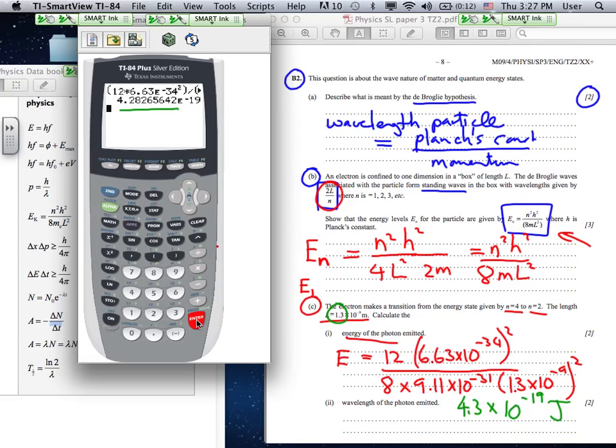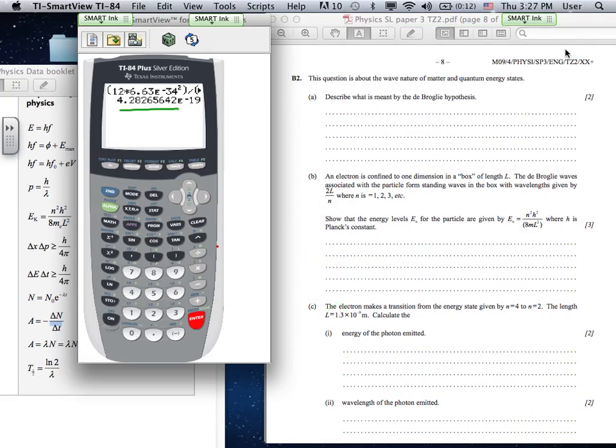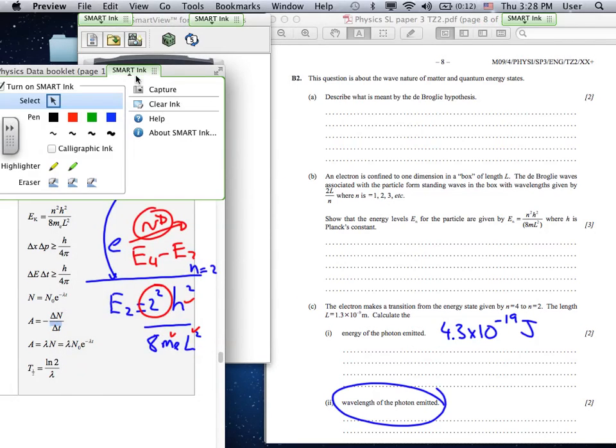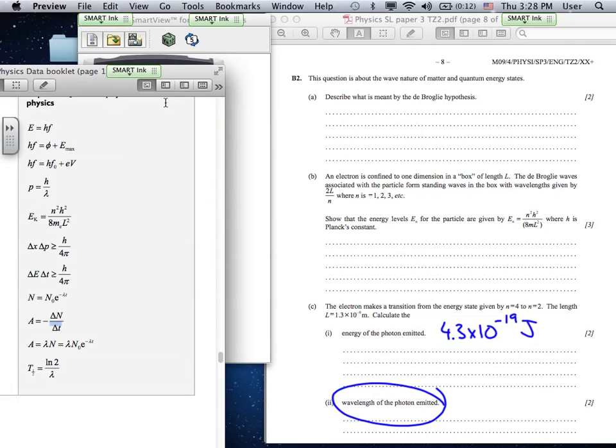Then it says, after that, the wavelength. So let me just write that again. We've got the energy of this is 4.3 times 10 to the negative 19 joules. We want to know the wavelength, so we go back to the formula that we're going to use. Our energy is equal to hf.